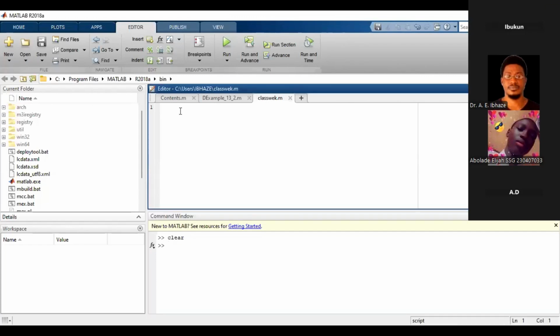Some of you are already conversant with your command line interface, your Notepad++, or your text editor. This is my text editor for MATLAB, and we usually save it as .m, so it's an M file.